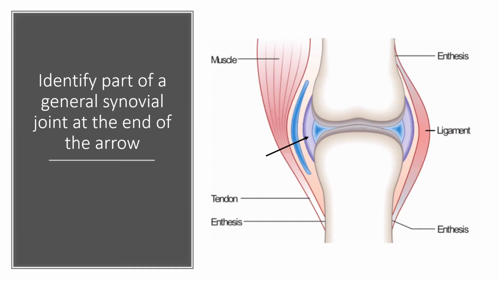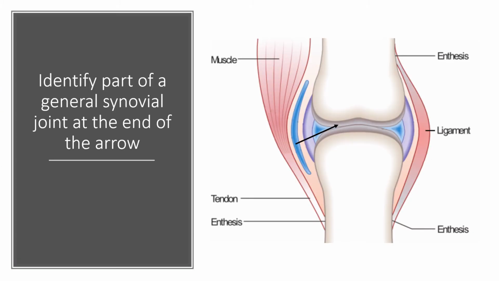Identify part of the general synovial joint at the end of the arrow. The answer is the synovial membrane. Once again, identify part of the synovial joint at the end of the arrow.